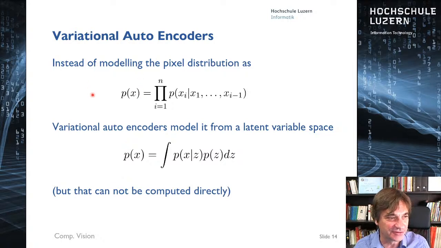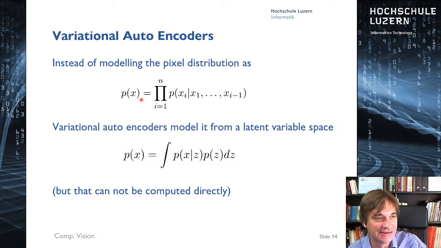So before, we had a distribution that depends on the other pixels already set. With variational autoencoders, we try to model it from what is called a latent variable space. So we have another distribution of so-called latent variables, here called z.